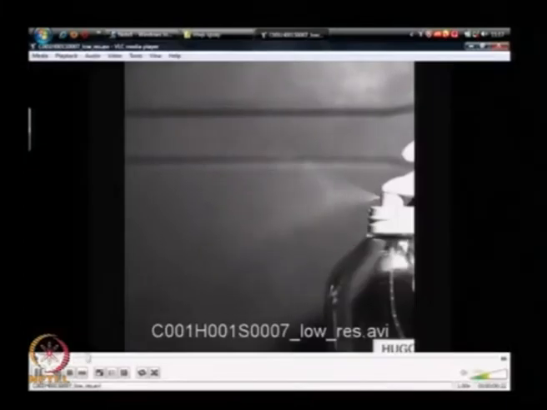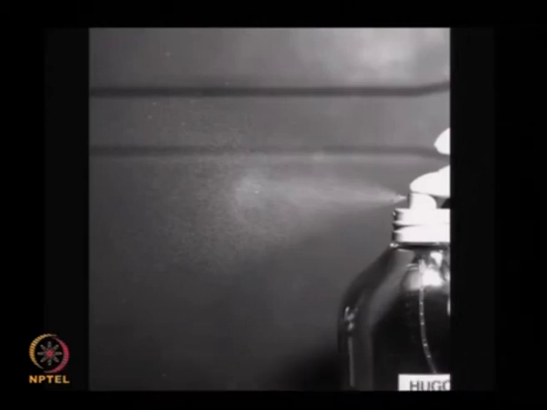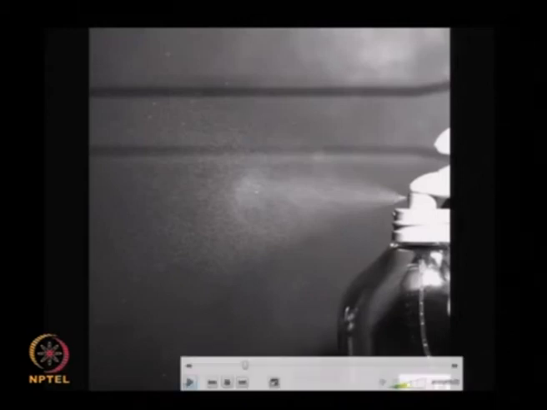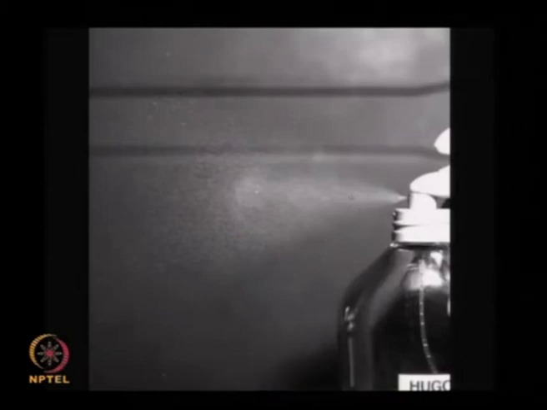As you can see, this is a classic perfume spray. I am going to pause the video here. The classic perfume spray tells us a little bit about the nature of the spray coming out of a standard perfume bottle. You can see that there are drops far downstream, but close to the spray nozzle itself you really do not see individual drops.